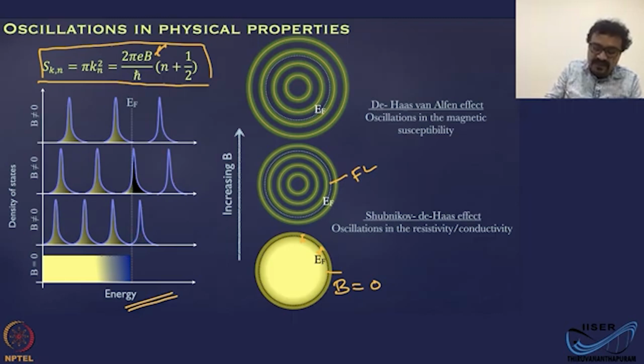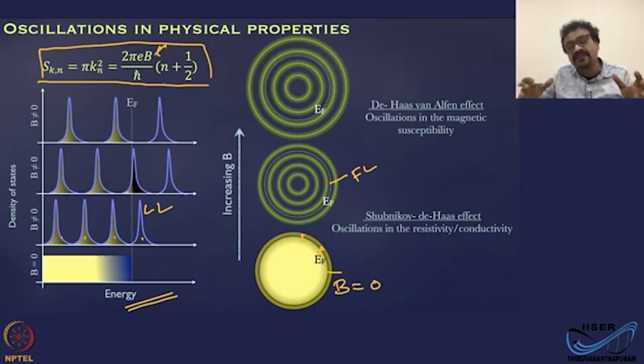Each of these are actually Landau levels, starting outermost, then going inwards. Okay. Now, the spacing between the Landau levels and the circumference and the radius of these Landau levels, or these circles, is proportional to B, as given by this equation. Okay.